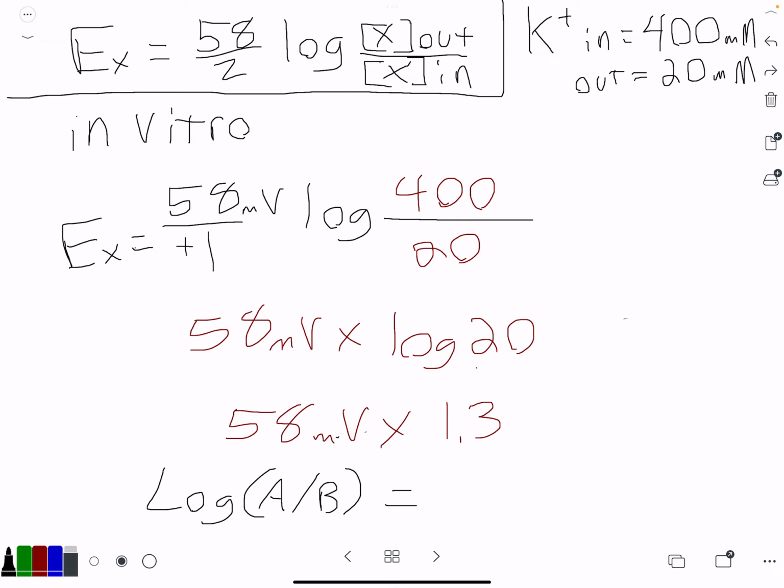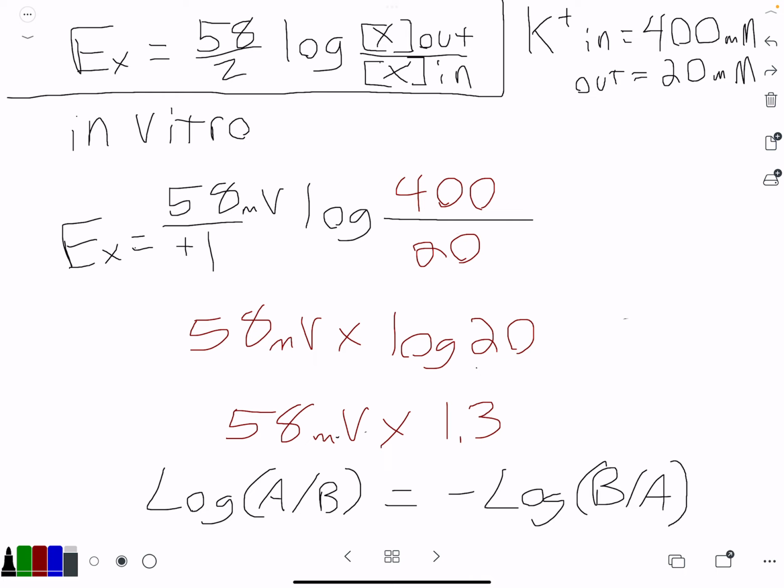Log of A over B equals negative log of B over A. And if I'm not mistaken, someone in class actually talked about this relationship. So it's because of this relationship that you can see how A and B are switched when it becomes negative.